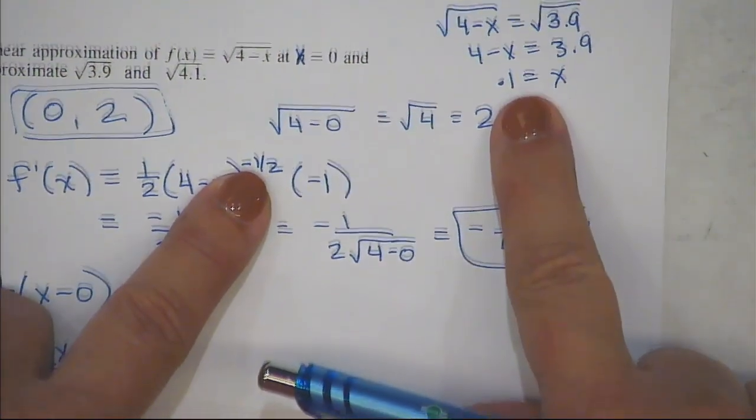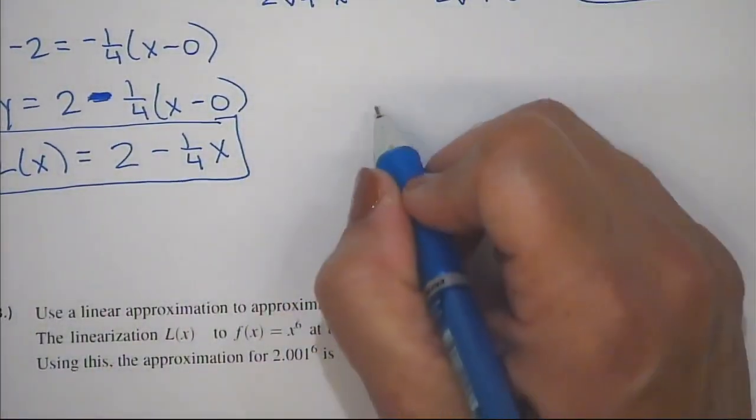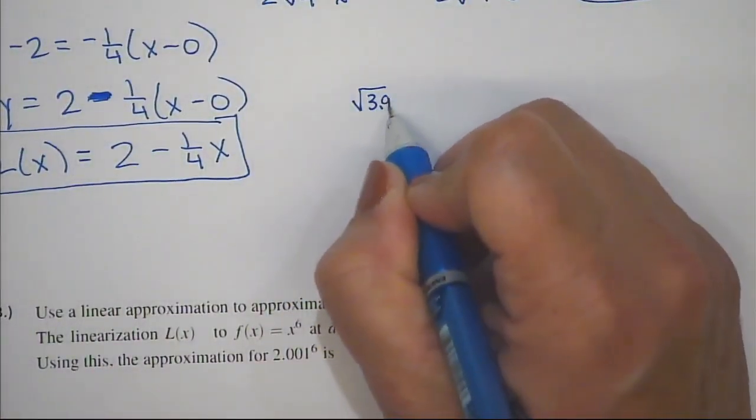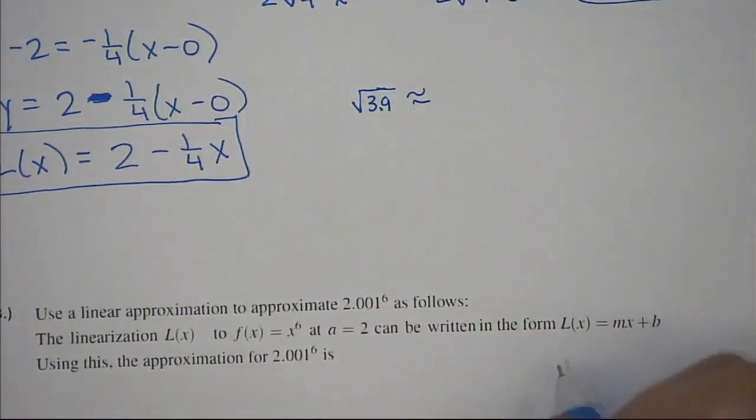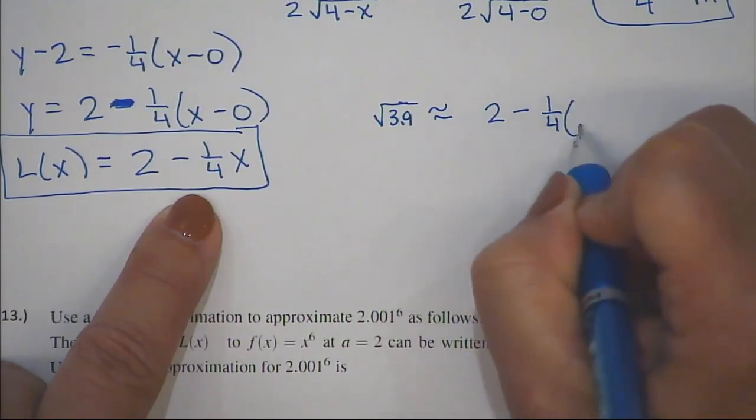That's going in. Okay, so to find the square root of 3.9, its approximate value, we're going to do 2 minus 1/4 times 0.1.